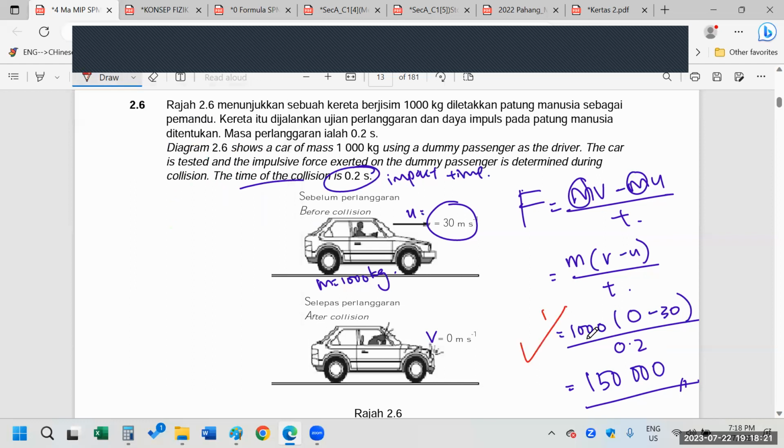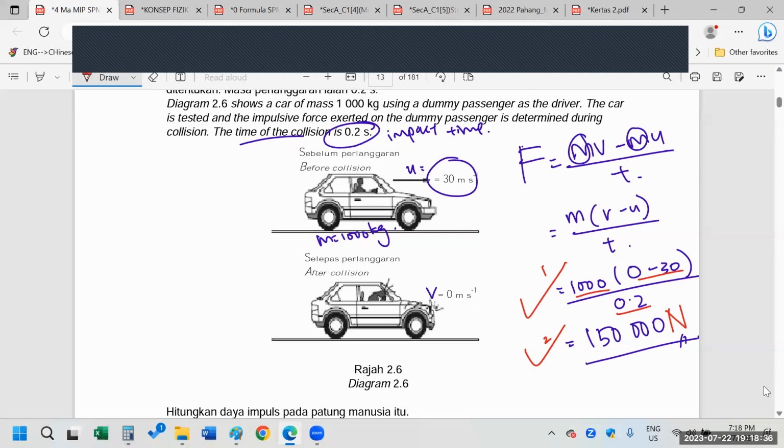Yes, I will get 1 mark for substituting. Yeah, Newton. Without Newton, you cannot get the second mark.